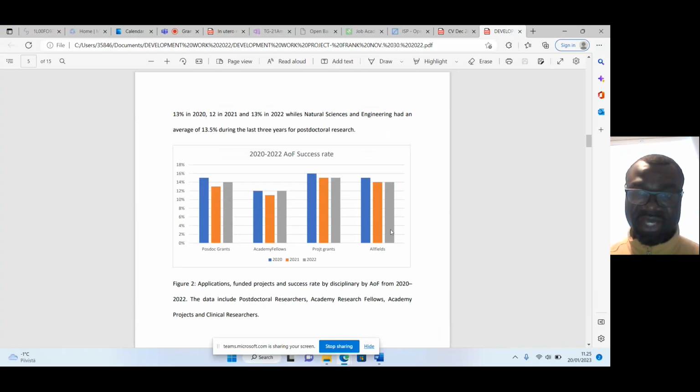And then when we have all these fields combined, the average success rate has decreased from the year 2020 to 2022. That is from 15% to 14%. So one person among 10 has the chance of succeeding in this grant application. And so to be successful, it means that our application should be waterproof.